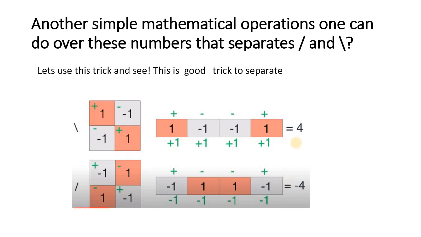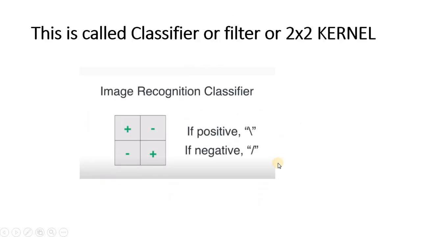When you multiply 1 by +1, plus -1 by -1, plus -1 by -1, plus +1 by 1, it becomes 4. So for the forward slash, this becomes -4. That means you are getting a sufficient distance between the forward slash and the backward slash, and this is a good trick to separate.